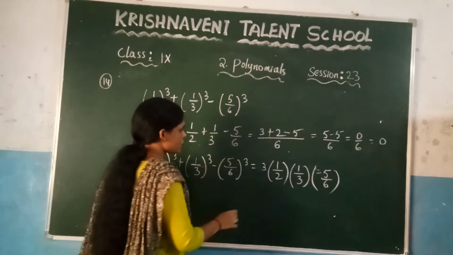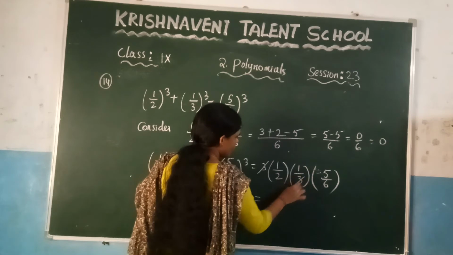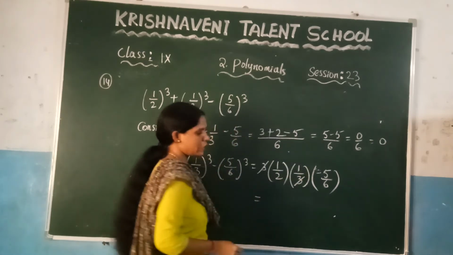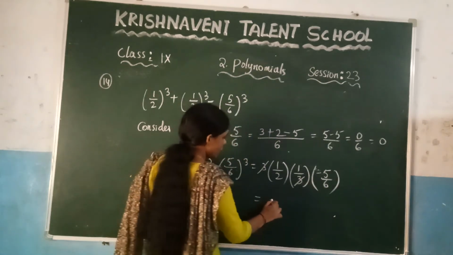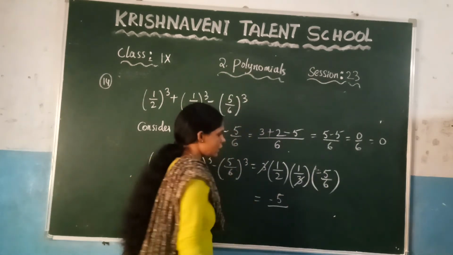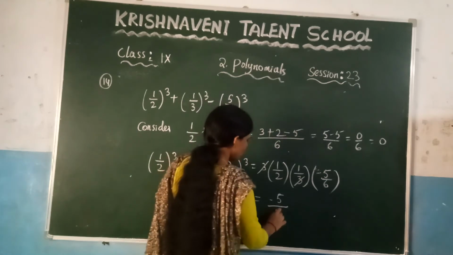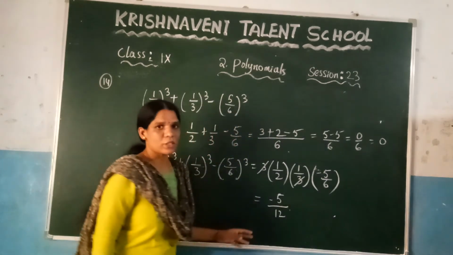Just do the calculation here. This 3 will get cancelled, and in the numerator you have 1 into 1 into minus 5, which gives you minus 5 over 6 into 2, which gives 12. Like that you need to find.